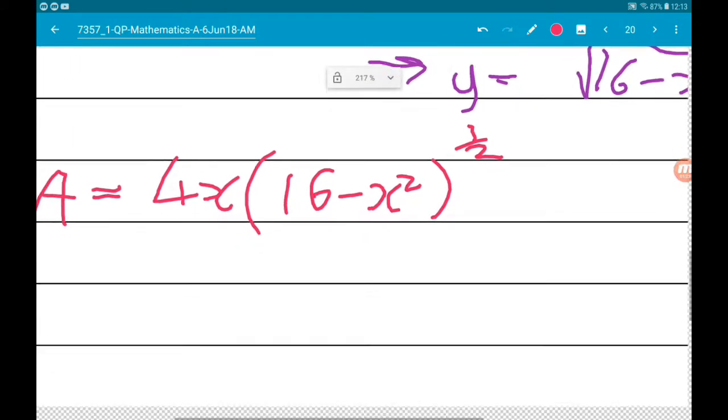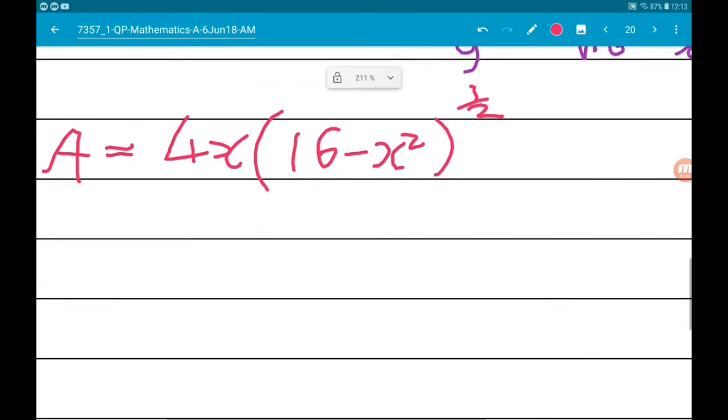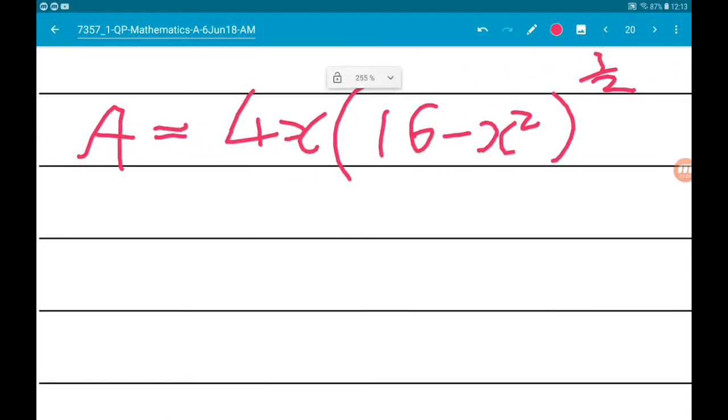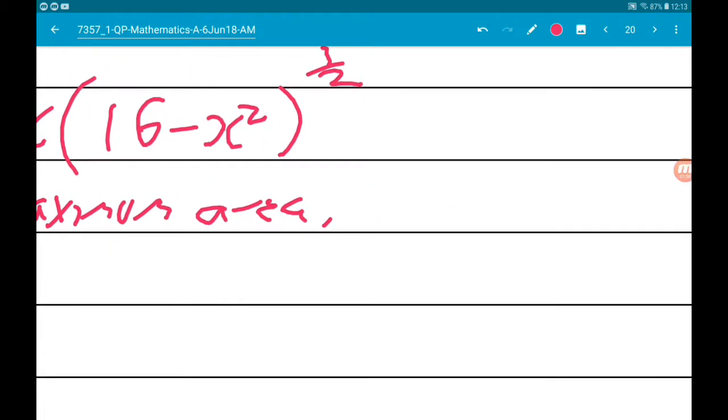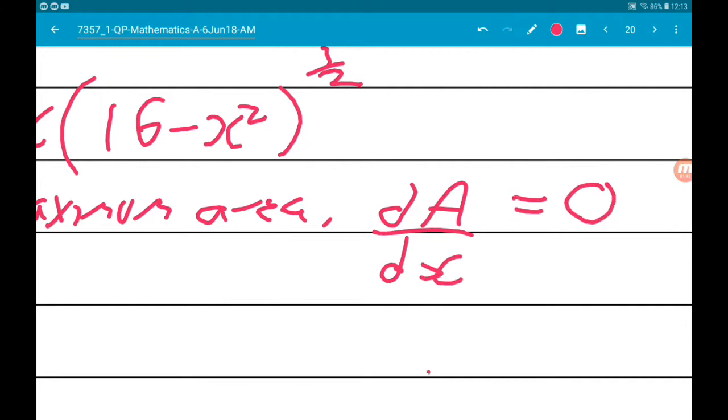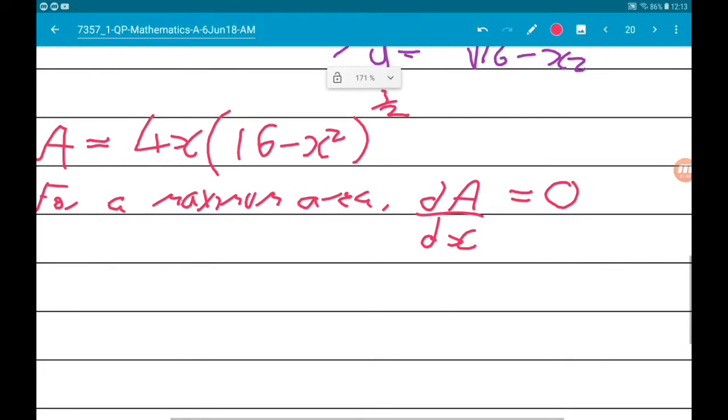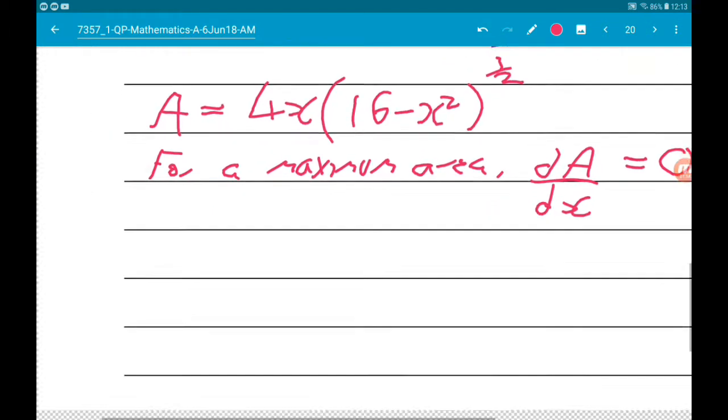Okay, so now we need to differentiate that because for a maximum area, dA by dx will equal 0. So, we are using the product rule and chain rule at the same time. How exciting!